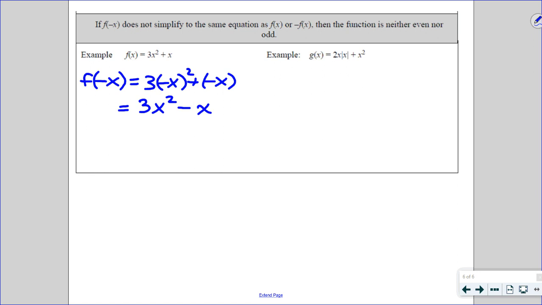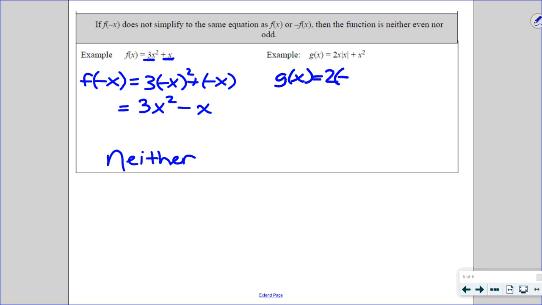And so if I compare to the original, I can see that the sign of this term is now the opposite, but the sign of the first term stayed the same. So we would say that this function is neither even nor odd.